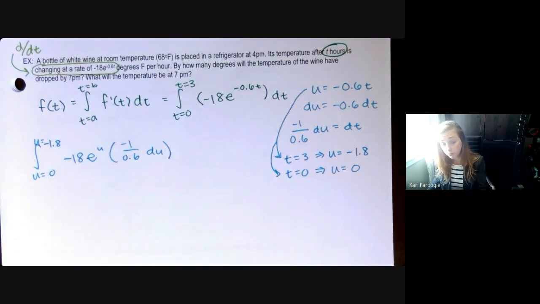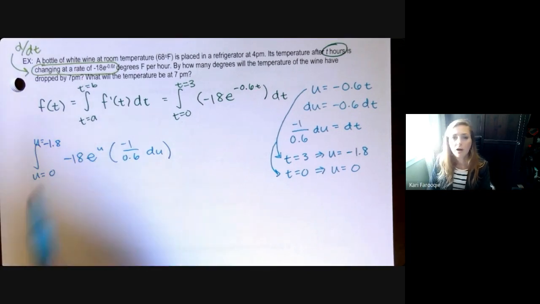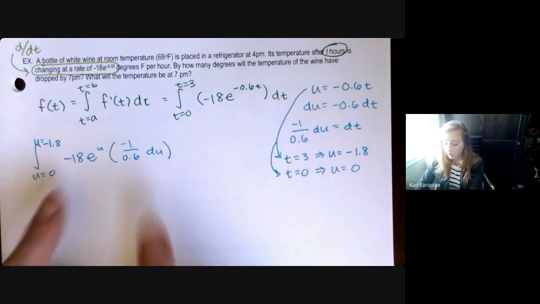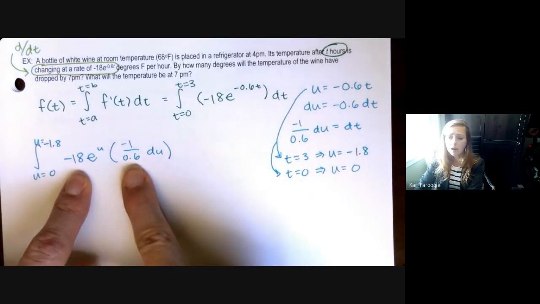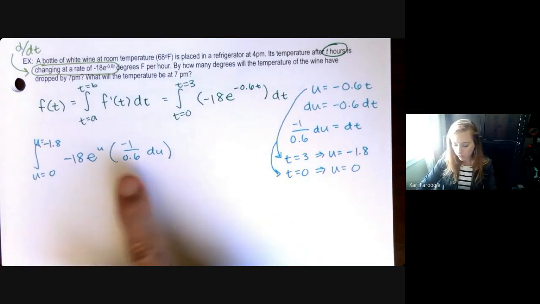Everything is written in terms of u. I'm just going to simplify and integrate and then apply the FTC because I already have u limits of integration. I don't have to do any back substituting. Oh, I was going to use my special property, but now I realize that these two together are going to multiply to give me a positive value. We can still use the property. We'll find a way.